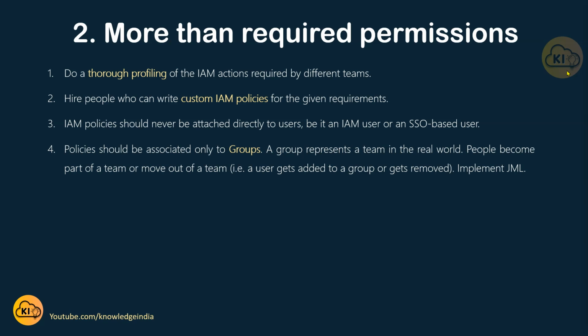Basically, teams transform to groups in the system, right? If you are giving policies directly to a user, that means there are exceptions in your model. You are just giving more or less permissions to certain individuals. So make sure that you always give permissions only to groups, and you don't give permissions to users directly.